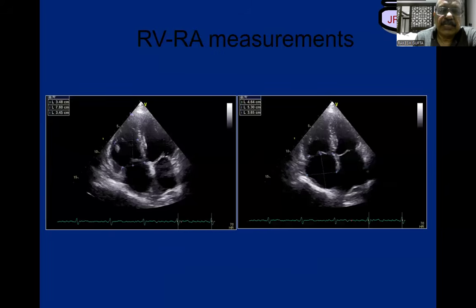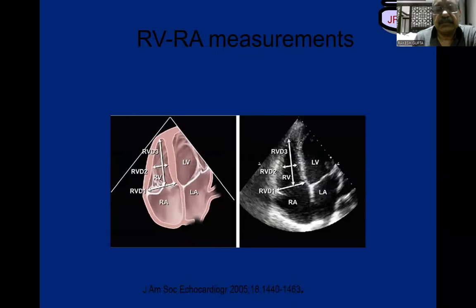Last but not the least, before I stop the presentation over here, we measure RV size. Maximum RV size would be when the RV is about to go for systole. So at end diastole or beginning of systole, we take a long axis view from the apex to the mid of the annulus.